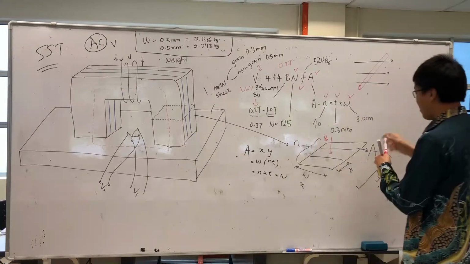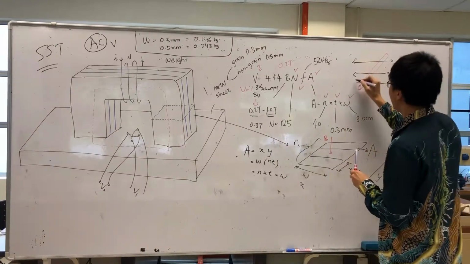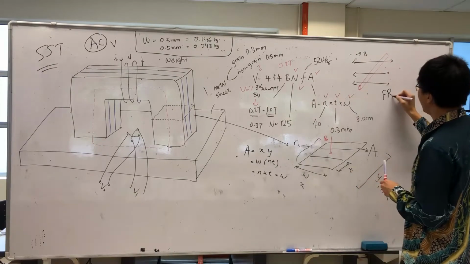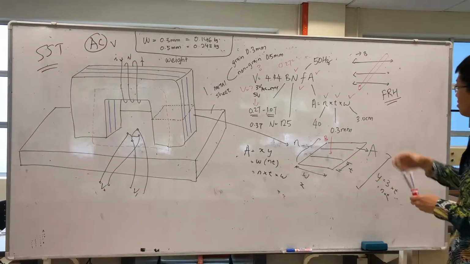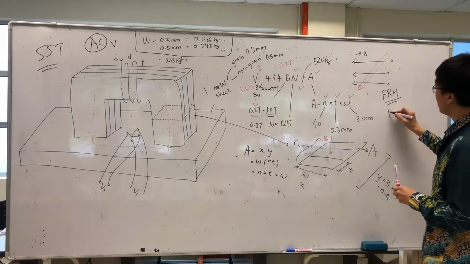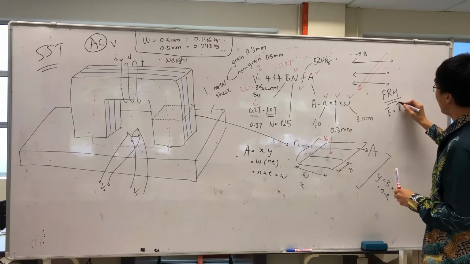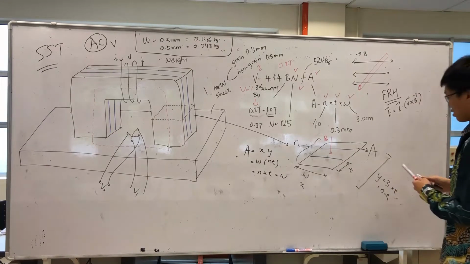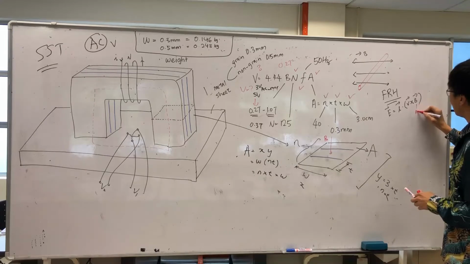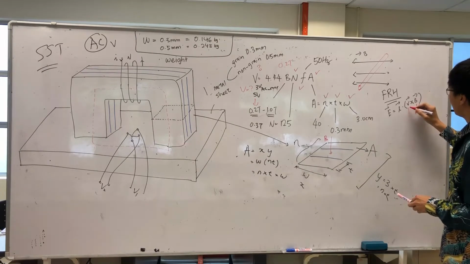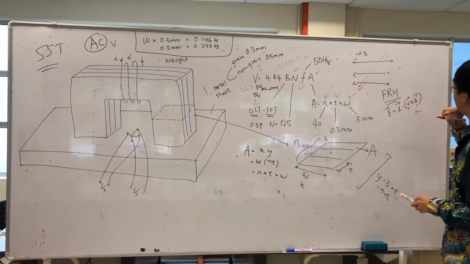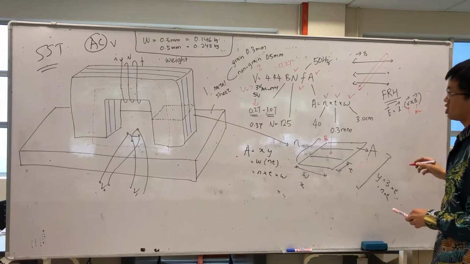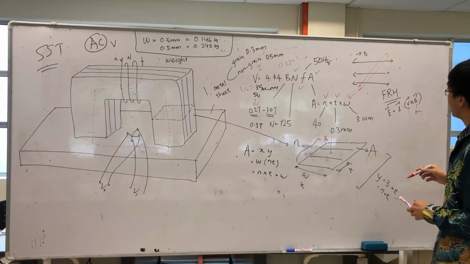If my fluxes are changing, I'm using Fleming's right-hand rule, E equals L dot V cross B. My B is changing, AC. My V, do I have V or not? It seems I do not have V.